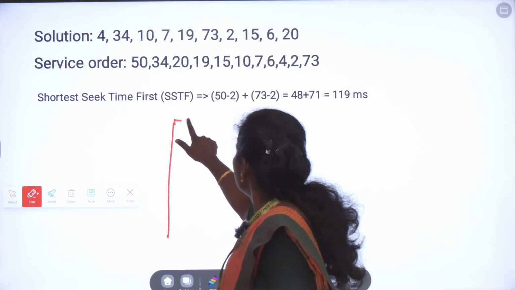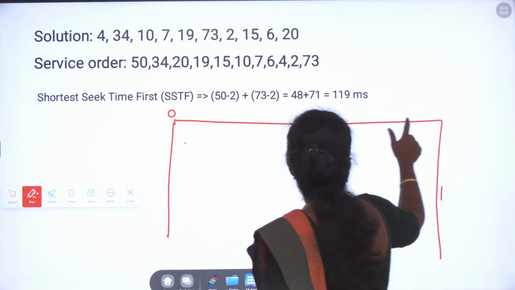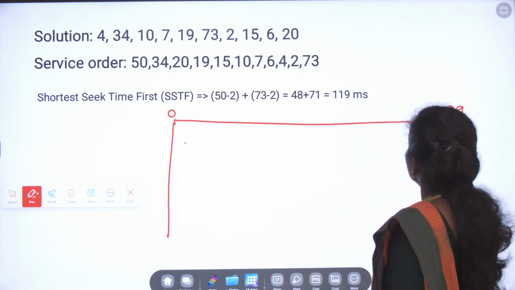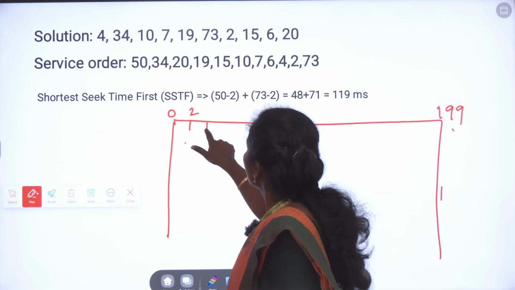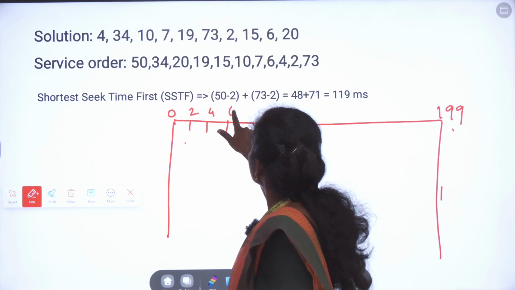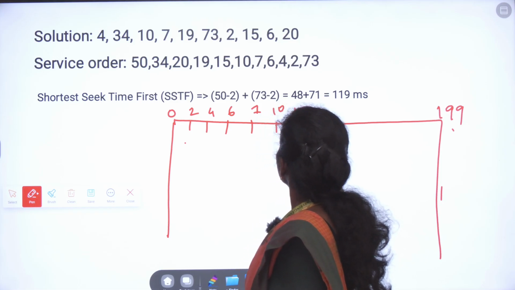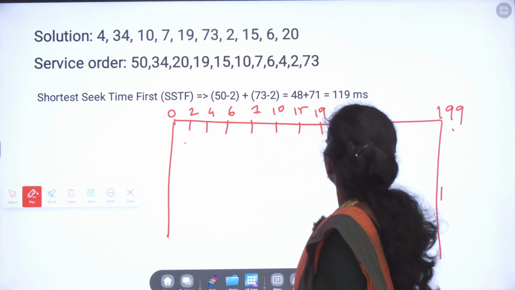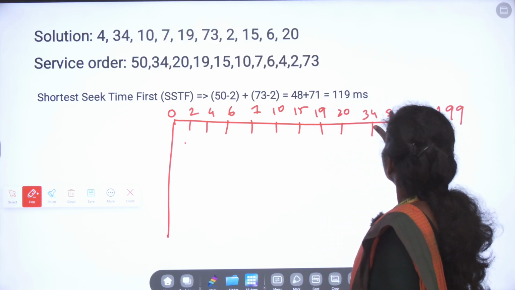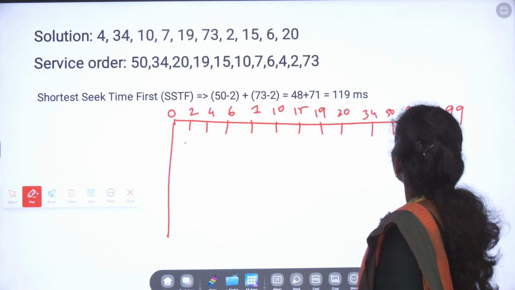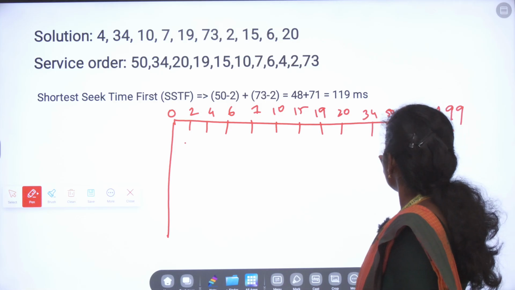The cylinder size is given as 100, so 0 to 99. So sorted, it is 2, 4, 6, 7, 10, 15, 19, 20, 34, 50, 73.